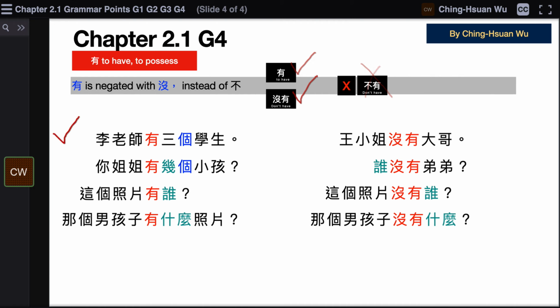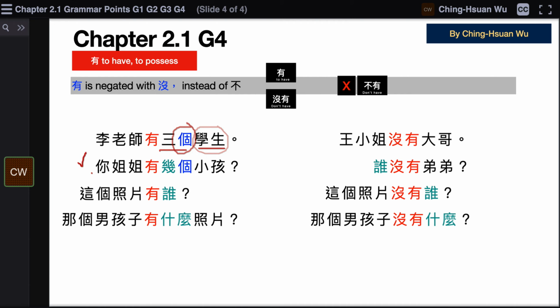Now let's take a look at examples. The first one, 李老师 teacher Li has three students. 三个 three is a number. 学生 is a noun. And therefore, you need a measure word to connect them. 三个学生.